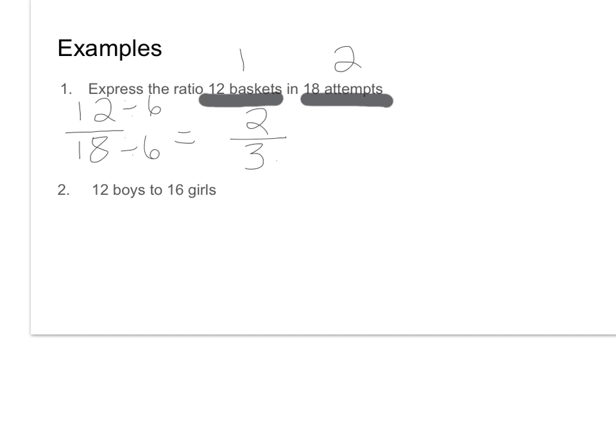The second one: 12 boys to 16 girls. It's boys to girls. Boys is listed first, girls is listed second. So, again, write it as a fraction, 12 boys to 16 girls.